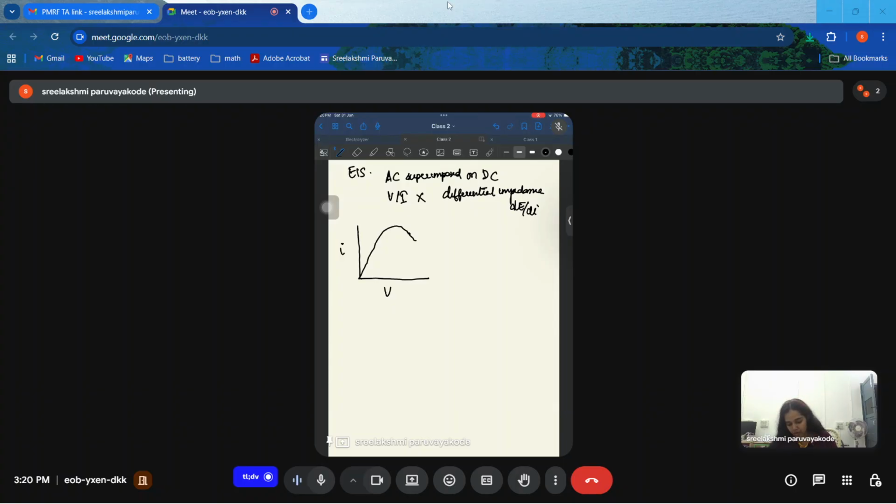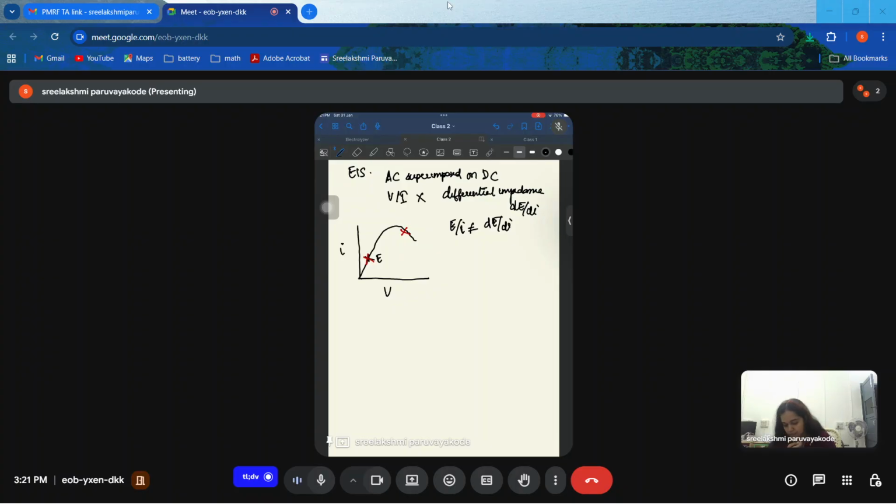So let's consider 2 points. One point here, and one point here. If I take the value at a point, the first thing to understand is that at any point, E by I is not going to be equal to dE by dI, because one is the slope and the other is the instantaneous value at that particular point.